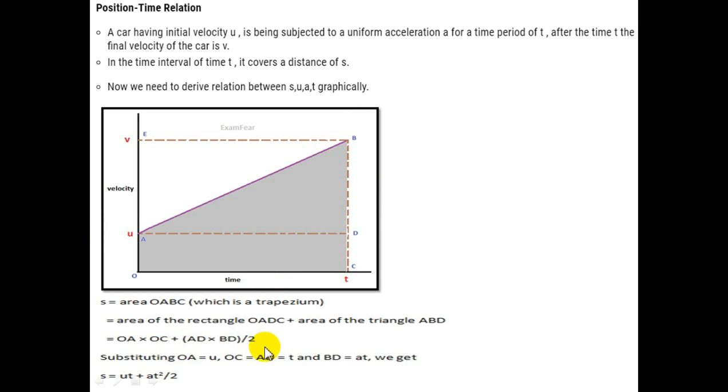The same thing is written here when you substitute: OA is U, we all know. BC is V. AD is T, yes. And BD is equal to AT.